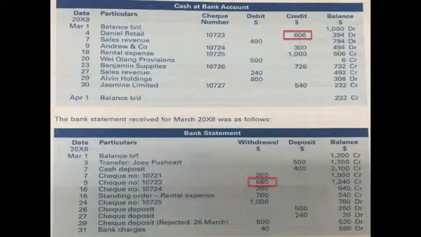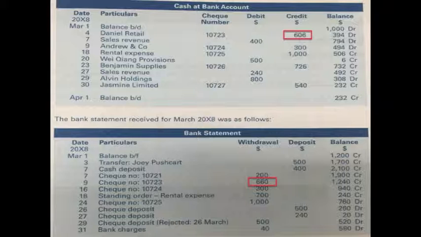Next, we compare our bank statement and our cash book again. In our bank statement, there is a $660 withdrawal. On the other hand, our cash book has $606 credit. There is a difference of $54. What happened is that the accountant recorded it wrongly in our cash book, whereas our bank statement reflected the correct withdrawal.